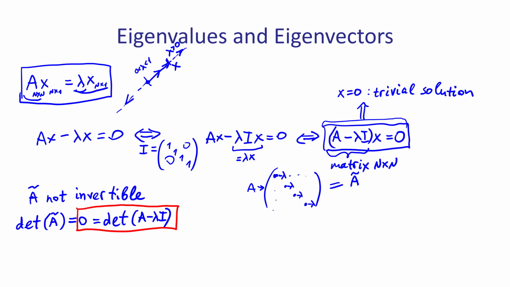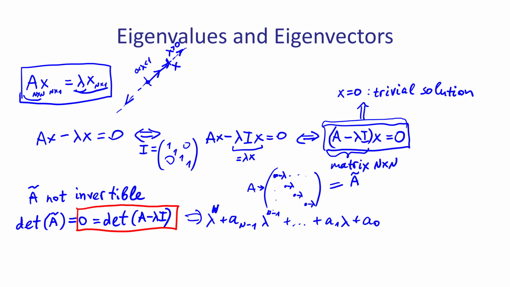Also note that this is a polynomial of nth order, and it has lambda variable. It should have n complex or real roots. So from here, you will get a polynomial like lambda to the power of n plus a n minus 1 lambda to the n minus 1, and so on, until you get to a1 lambda plus a0.